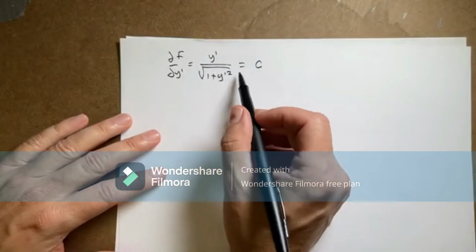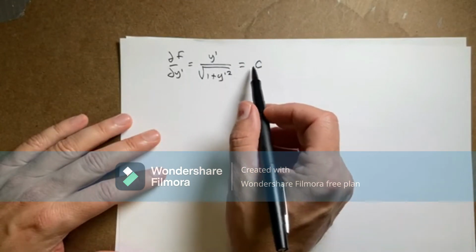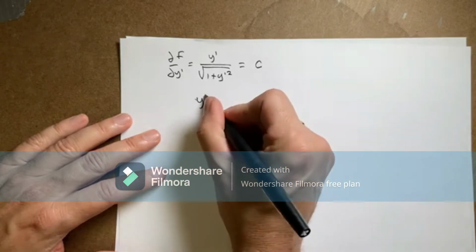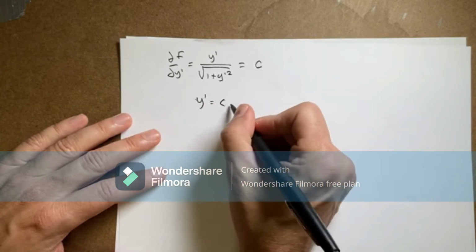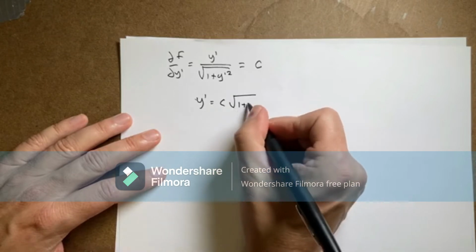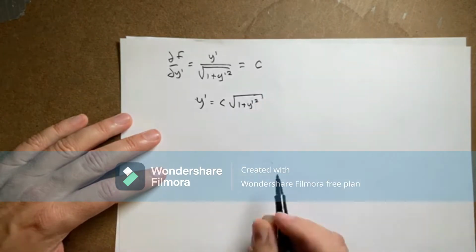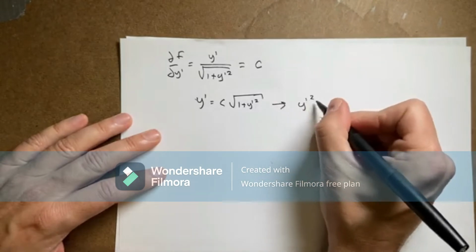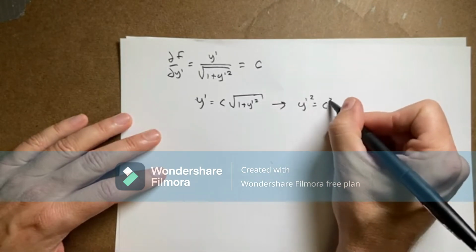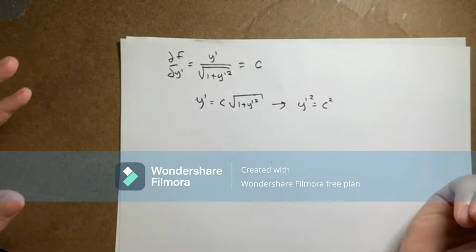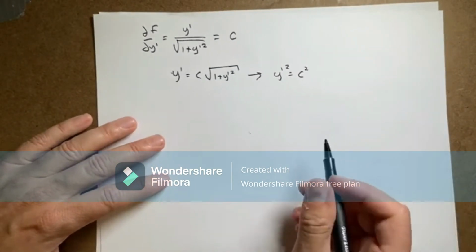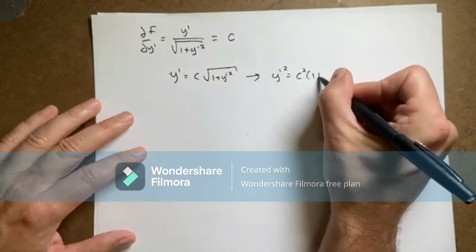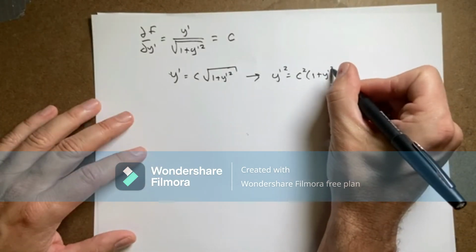So let's just multiply both sides by this to get rid of the fraction, and I get y prime equals c, the square root of 1 plus y prime squared. Now I'm going to square both sides, and I get y prime squared equals c squared, but you could just call it c if you want. A lot of people do that. I'm not going to do that. I'm going to write it as c squared because I care about you guys. Times 1 plus y prime squared.